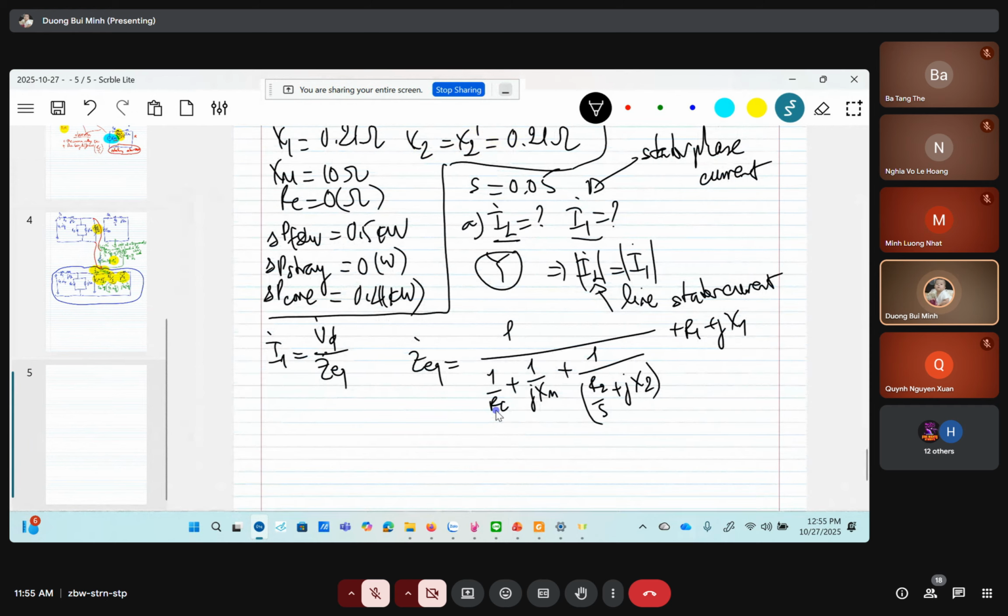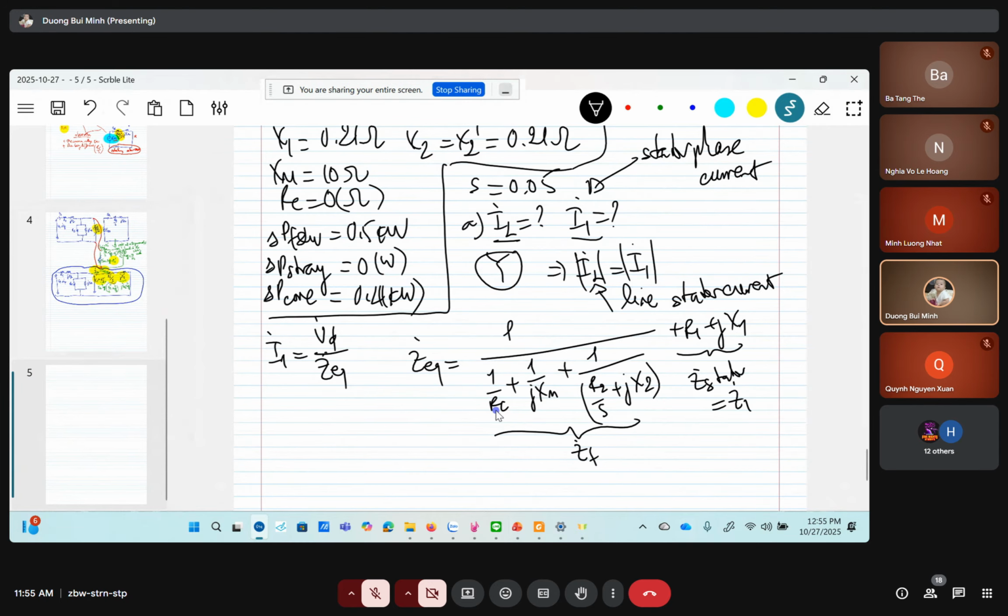This part is Z_F, and this one is Z stator or Z1.